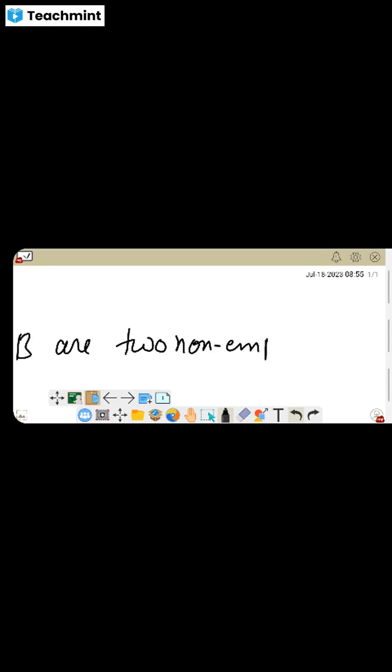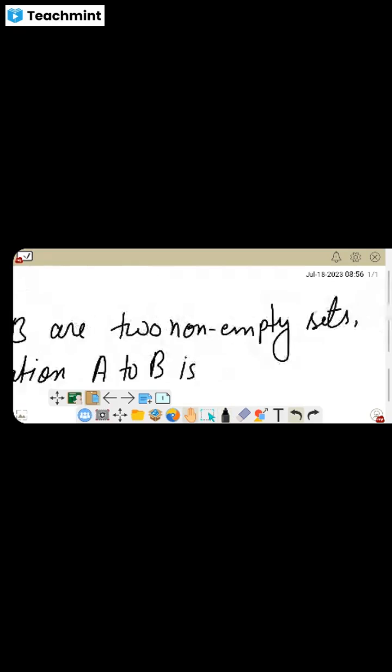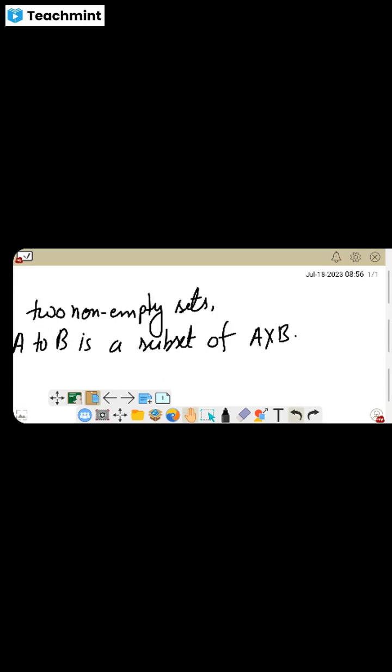Then a relation from A to B is a subset of A cross B. Did you get this point or not? Yes, ma'am. A relation from A to B is a subset of A cross B.